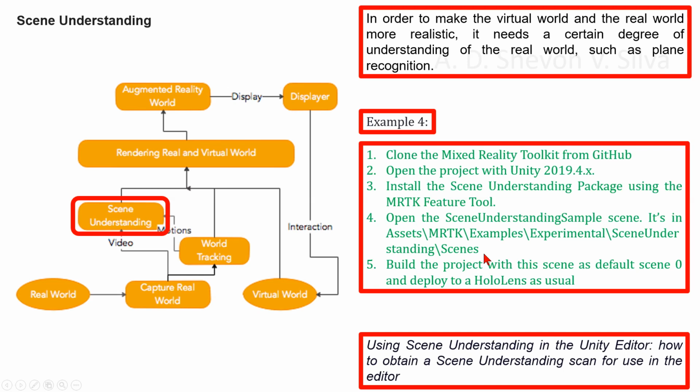Here it's in Assets/MRTK/Examples/Experimental/SceneUnderstanding/Scenes. Build the project with the scene as the default scene 0 and deploy to HoloLens as usual.